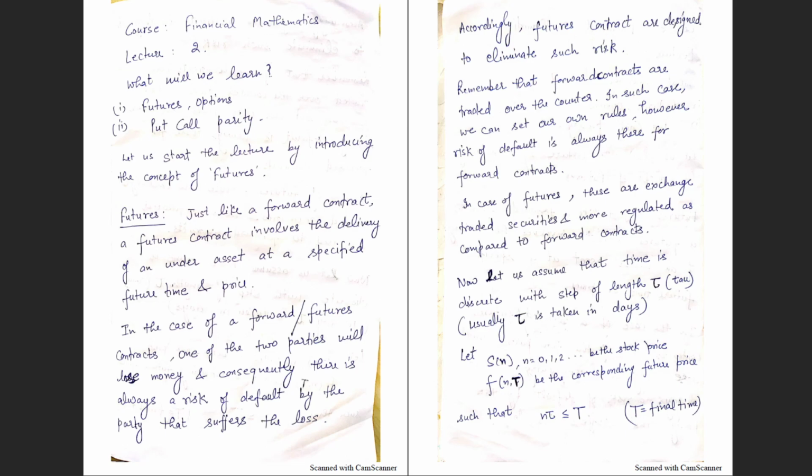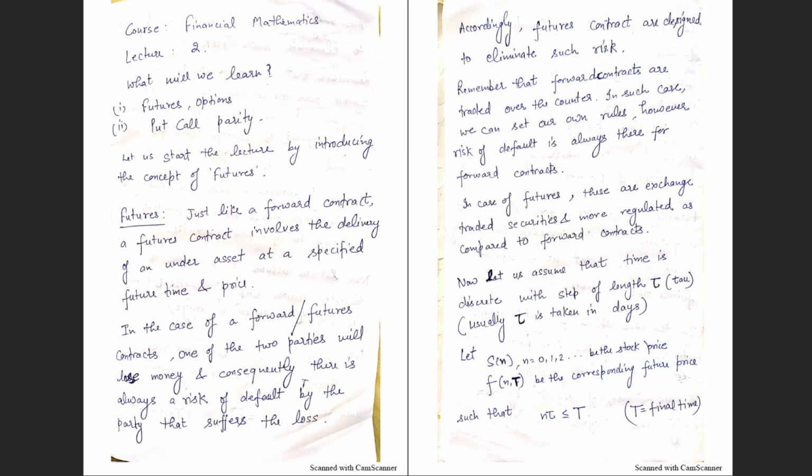So in the previous lecture, let me recap it, we have studied the forward contract and how to price it, but earlier we have also studied that forward and futures are alike, they are similar. So in this lecture, I'm going to tell you what the key differences between the two are.